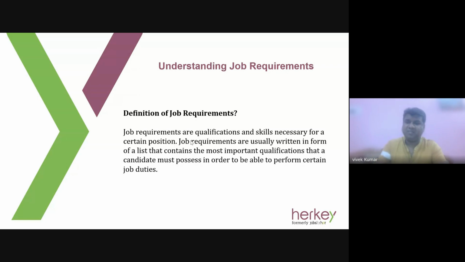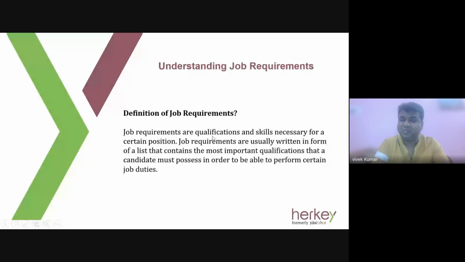These are very specific things. Now, what we normally do when we create these kinds of job requirements is write them in the form of a list. Why a list? Mostly, a list would have lots of bullet points. So let's say, if I talk about the qualifications, there are 10 different things that could be part of the qualification.